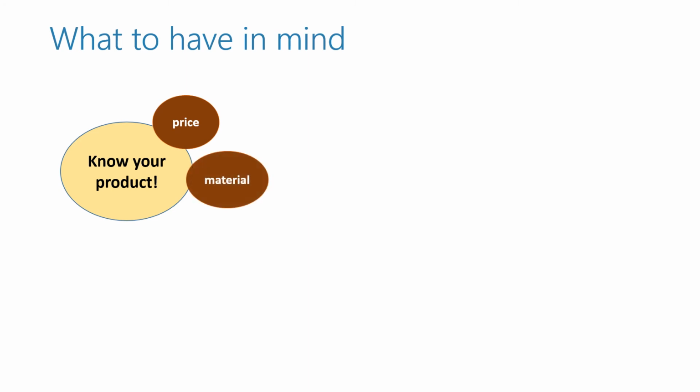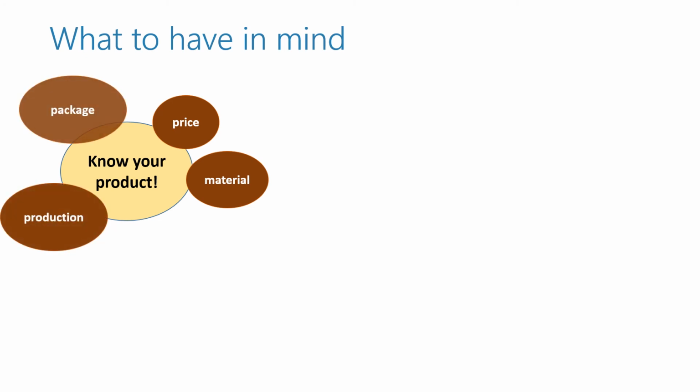What material is used in making of that product? Who produces it? What's the package like? When you see an advantage here, you should use it in your ad. Also, you need to know your competition and compare your product to theirs. In what way is it better?